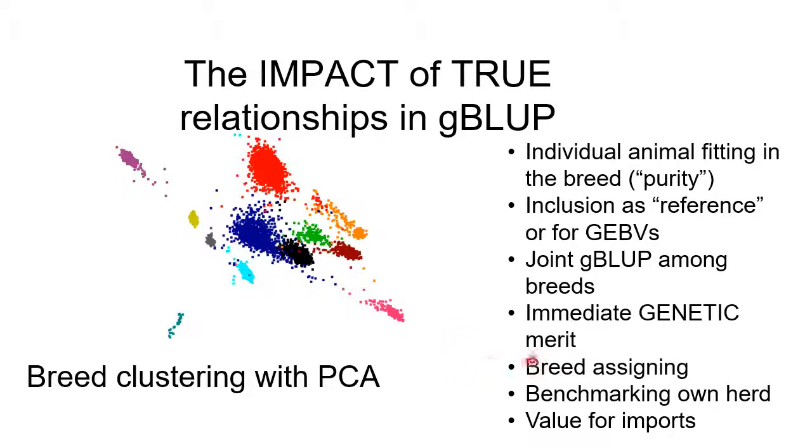It can also assist you if you have animals somewhere to assign them to a breed. And it also has a big advantage in terms of the importation of animals, as the genomic information can just be included in the BLUP run of, let's say, an AI bull that's considered to be imported, and those breeding values will be then expressed on the local scale, let's say the South African scale, if you want to import an animal like that.